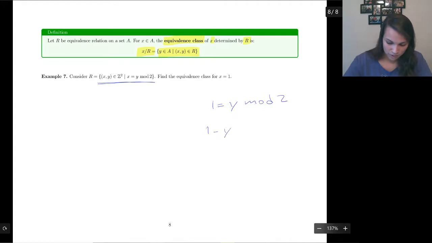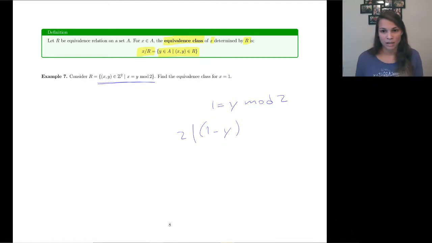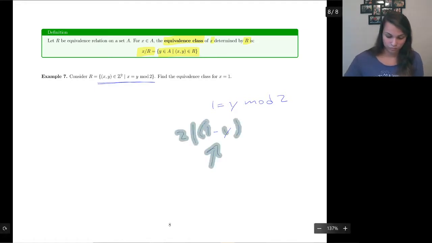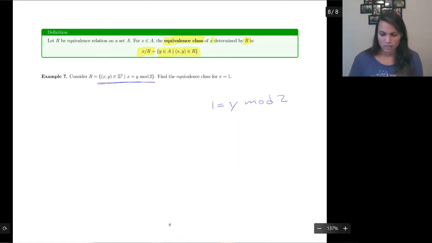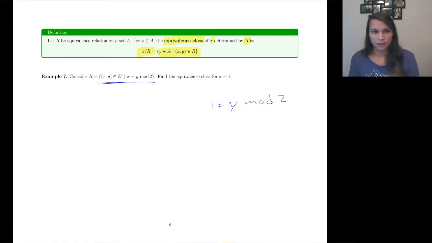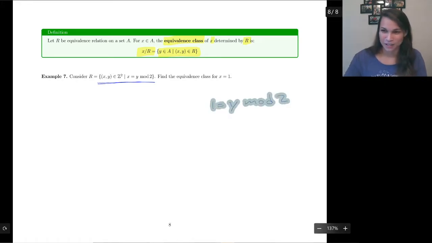And so if I subtract the y over, I want to be able to divide it by 2. So what are all the y's that are going to let me divide 1 minus y by 2? We can hazard a really good guess. If y is odd, then 1 minus y will be even, divisible by 2. Now we have to prove it though. We can't stop.